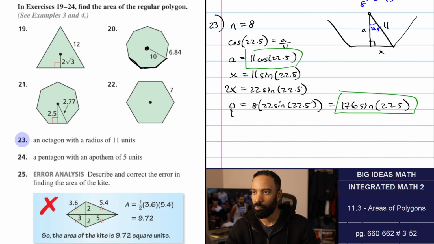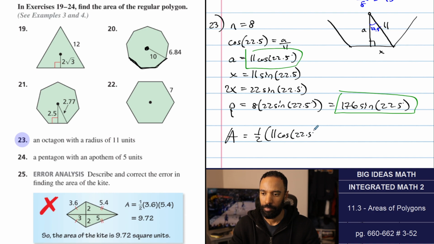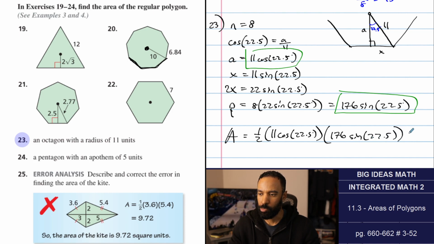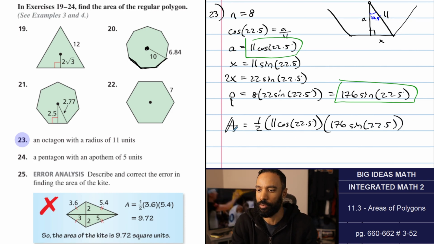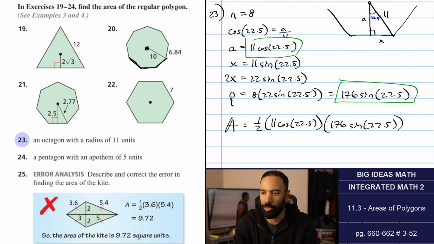Let's kind of box those so you know where they are. So we're going to do area as 1/2 apothem times perimeter. I'm going to spare you the exact answer for this one just because I'll still have cosine and sine to deal with both together. So let's do, well, half of 176 is 88.